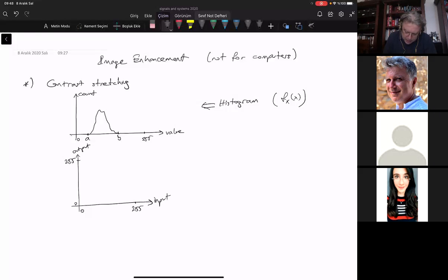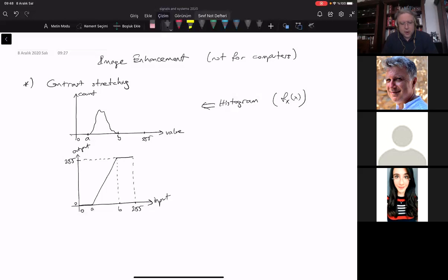If you do an input-output curve in this format, up to A, you map every pixel value to 0, including A. And then from A to B, you map every value according to this line function, and you map everything beyond value B to a value of 255.